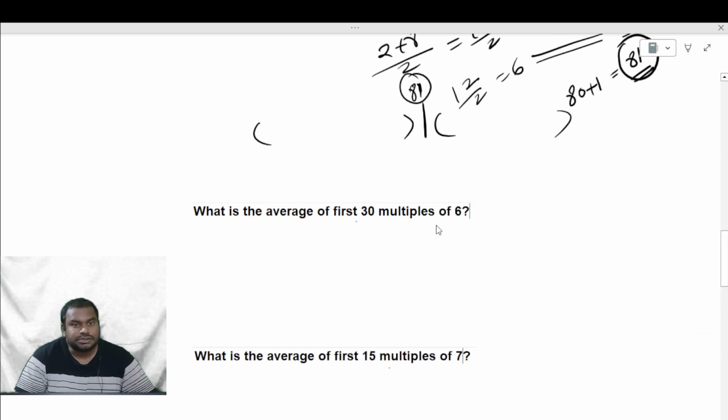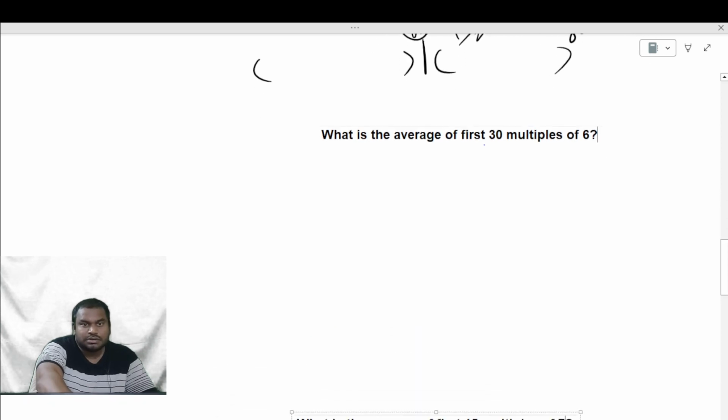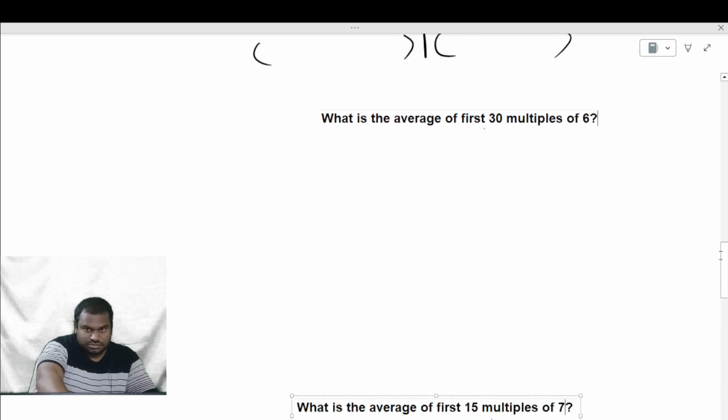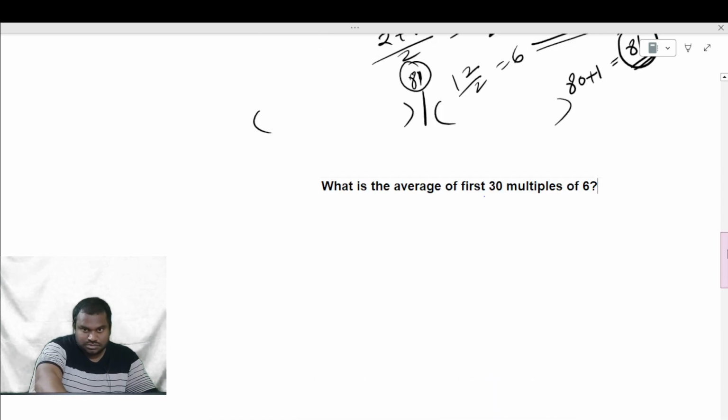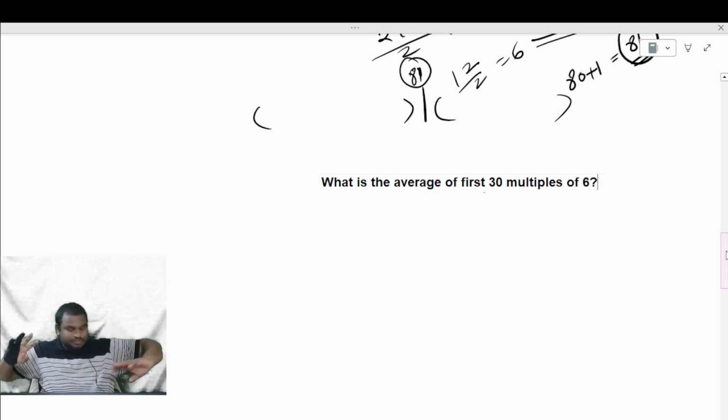Coming to this question: what is the average of the first 30 multiples of 6? How will you solve this?